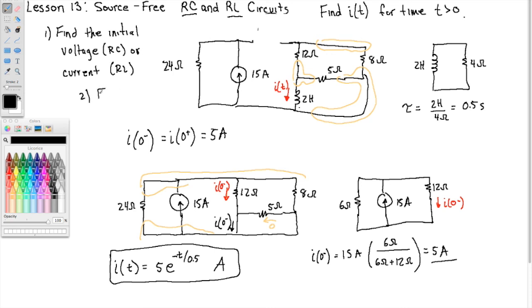Second, find the time constant. Third, write down the equation. Because you know the form of the solution. We solved the differential equation. We did all the heavy lifting. And we know that the form of the equation is this decaying exponential.